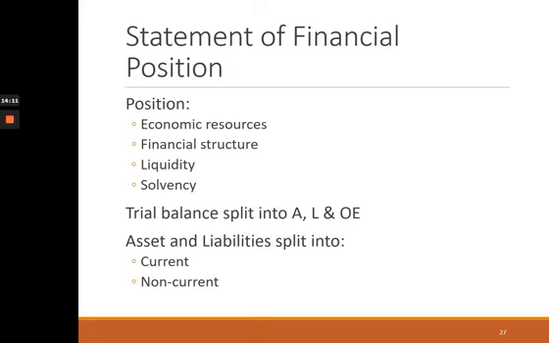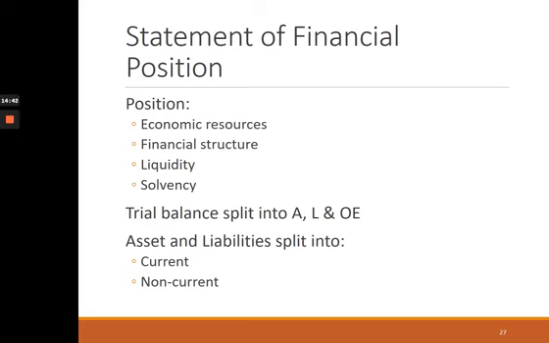It also gives us information that allows us to calculate or assess the liquidity of the entity and the solvency of the entity. So your trial balance is split into assets, liabilities, and your owner's equity. So your statement of financial position will have the same classifications. It'll start off with your total assets as your first section, and then you will have a bottom section that will comprise of your owner's equity and liabilities.